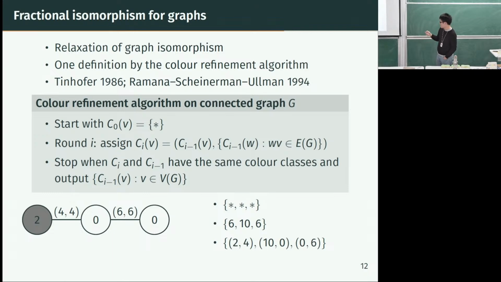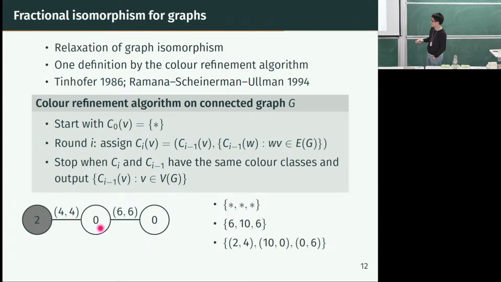If I run this refinement one more time, let's say I'm a vertex here. I have 2 neighbors in here, which have a coloring that essentially says they have 6 neighbors, because that's all I know up to now, and 4 neighbors of degree 10, because again that's what the refinement told me. So I refine the coloring further with a tuple that tells me I have 2 and 4.